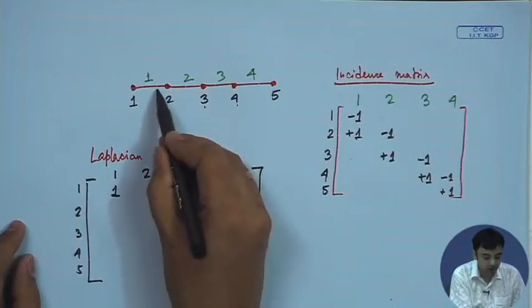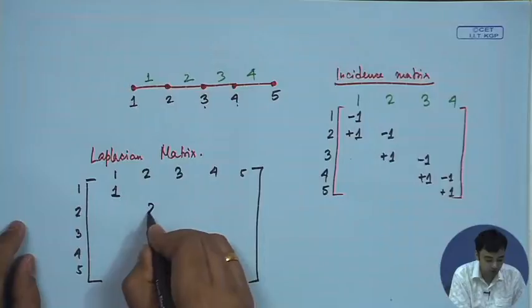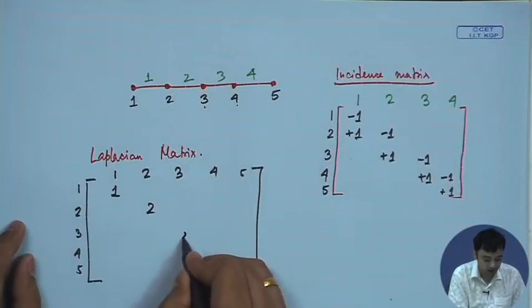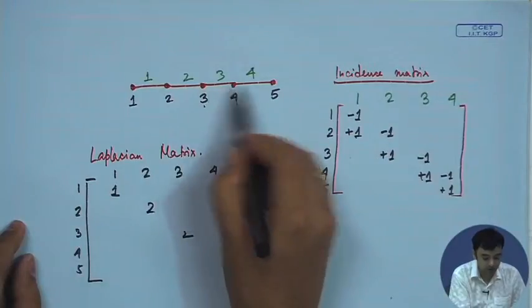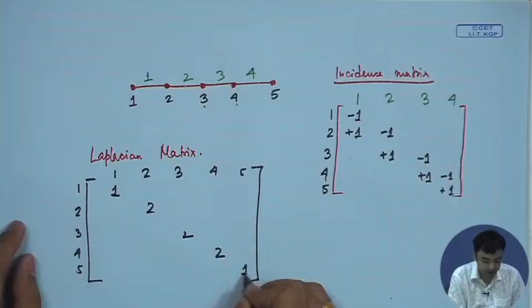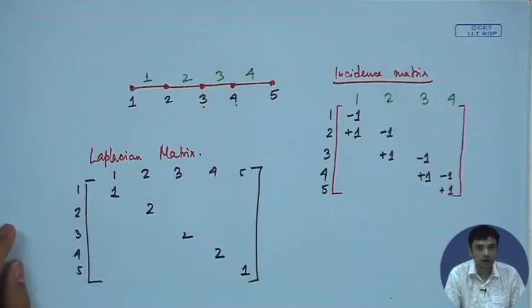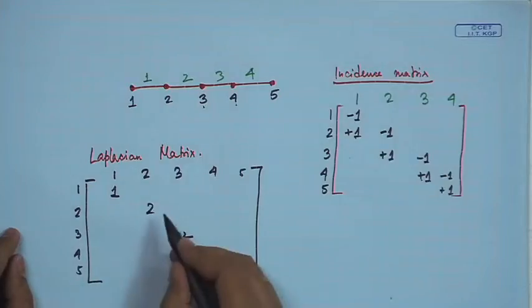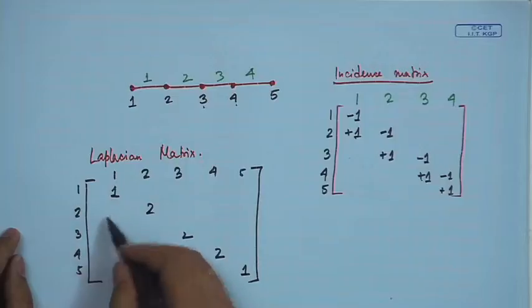The degree of node 2 is 1 plus 1, which is 2. The degree of node 3 is 1 plus 1, again 2. The degree of node 4 is 1 plus 1, 2, and the degree of node 5 is 1. In this way the diagonal entries are filled up. Now, look at the other entries.